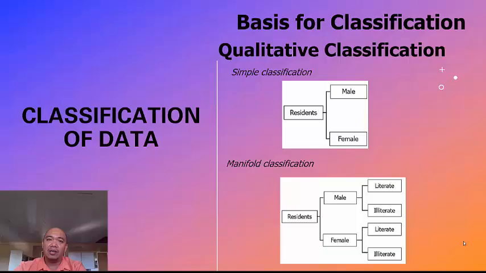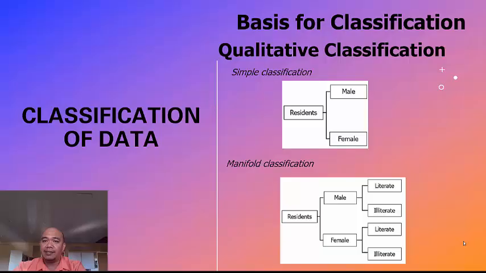In another classification, the manifold classification, we are classifying our residents more than once. For example, if we classify them according to sex as male and female, then male can be classified again, either they are literate or illiterate.